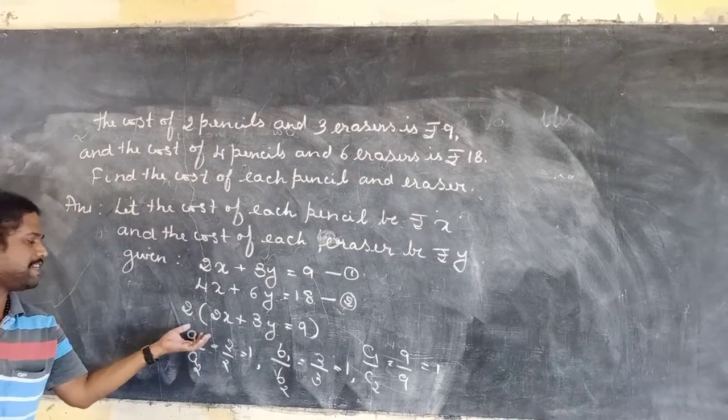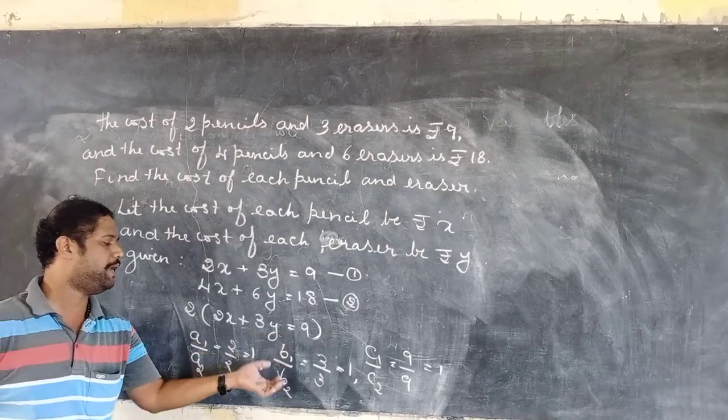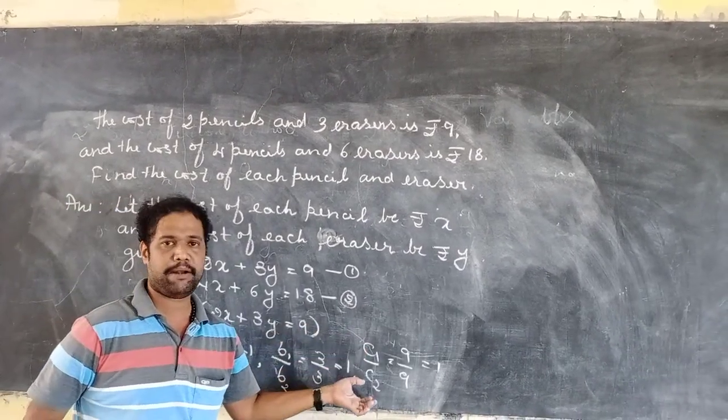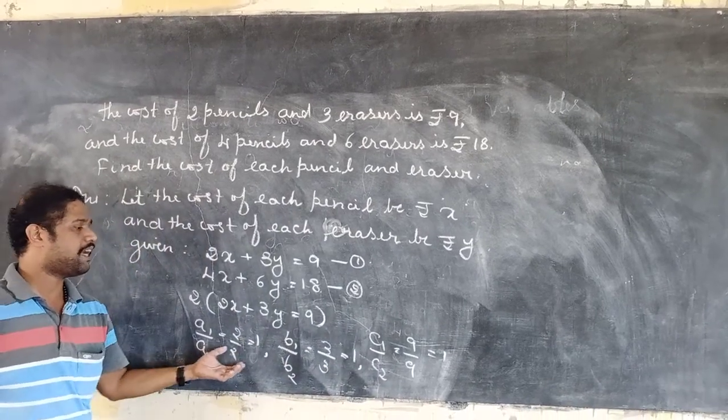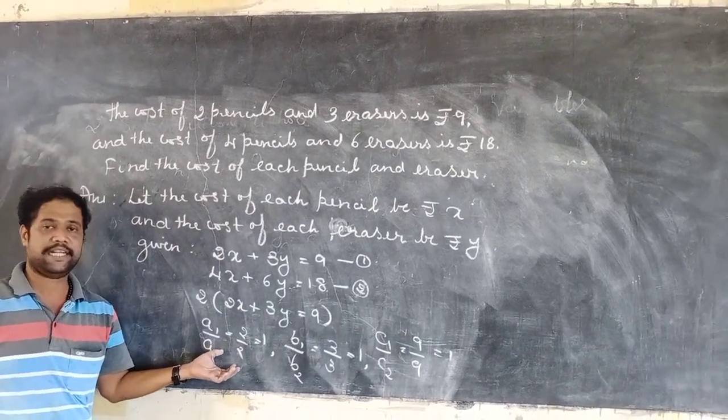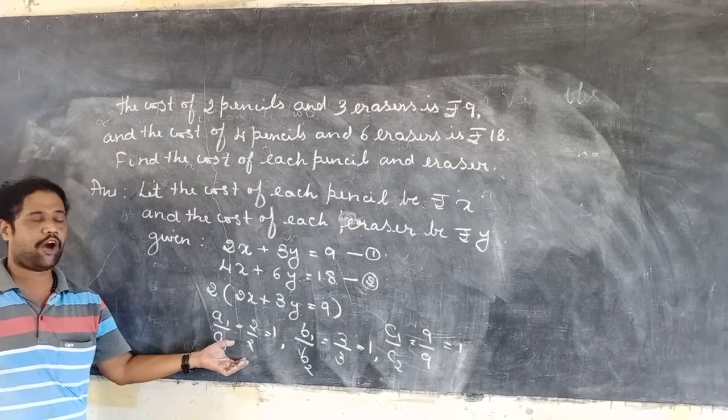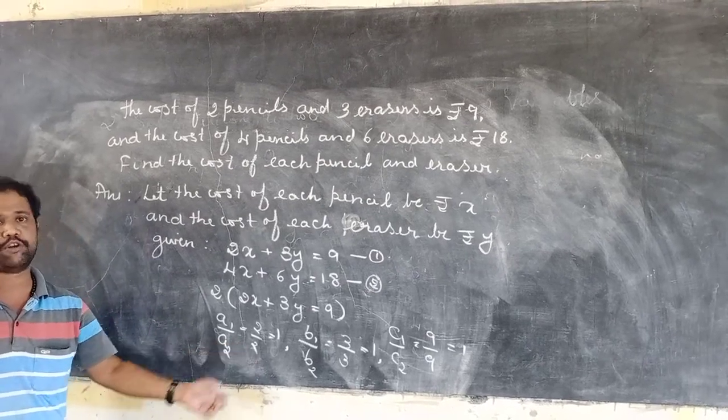Therefore, all the ratios a1 by a2 is equal to b1 by b2 is equal to c1 by c2. Therefore, these are coincident lines. So a unique solution does not exist here, or we say there are infinitely many solutions.